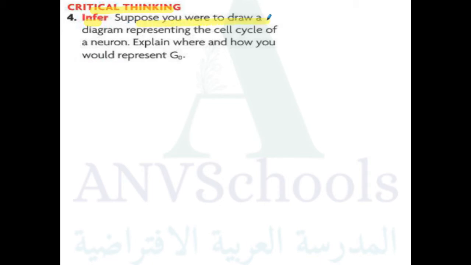Suppose you were to draw a diagram representing the cell cycle of a neuron. Explain where and how you would represent the G0.